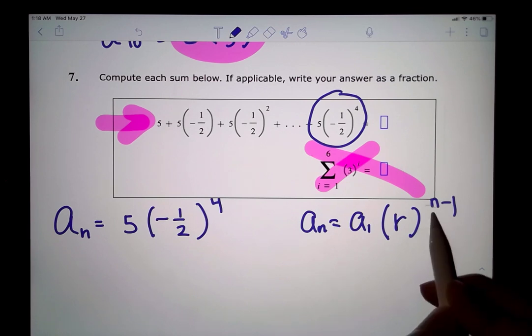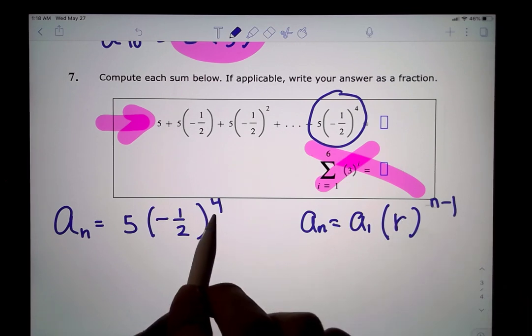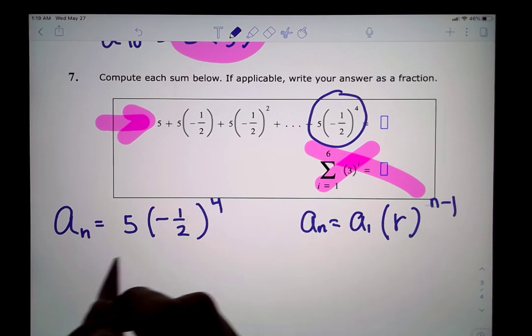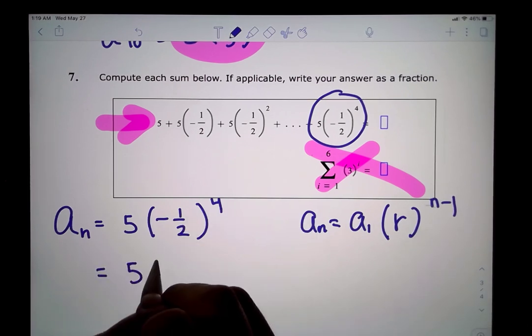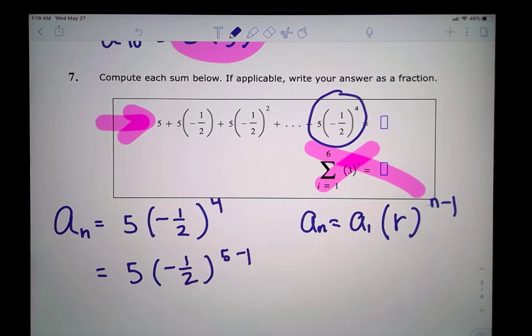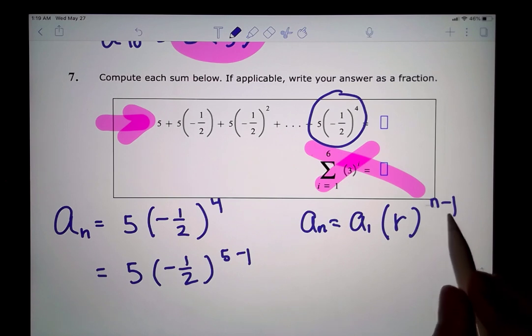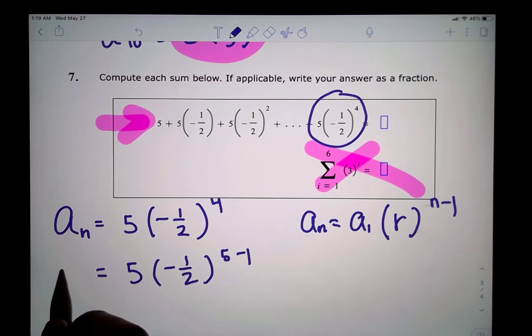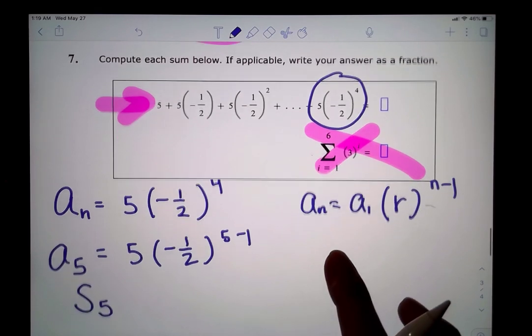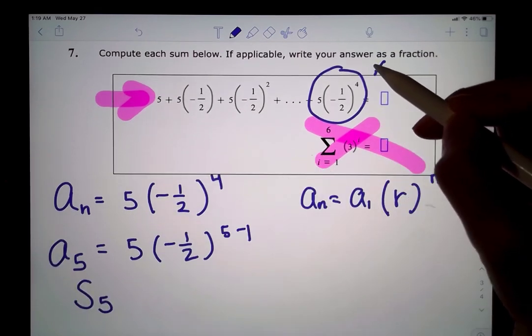So n minus 1 gives you 4. That means I can rewrite it as 5 minus 1, just like this format. Then I will see, oh, that's the fifth term. So we are summing up to 5. You can get your n from your last term.